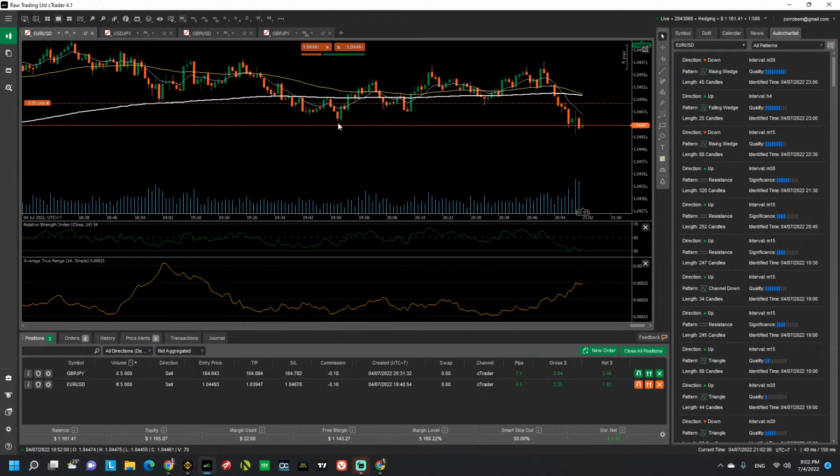Now it already broke this initial support, so there might be a follow through. Also, you see the average true range momentum is picking up. Let's see here.